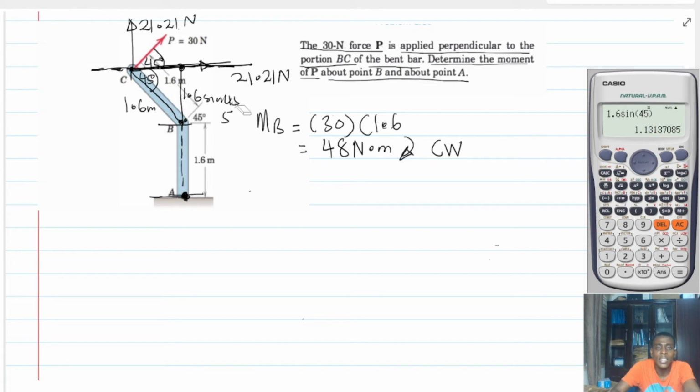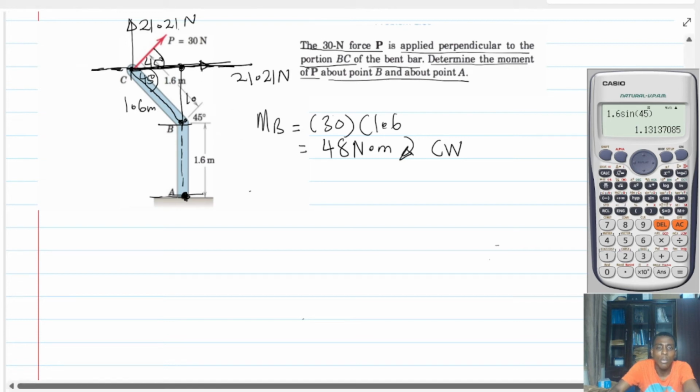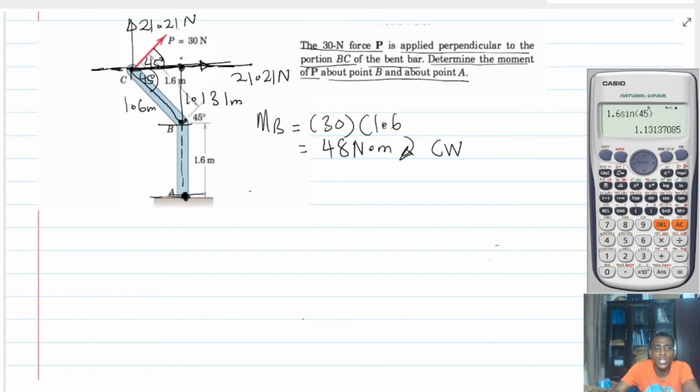So this distance here is 1.131 meters. In other words, okay, I think that is it. And so we've been able to do it for this guy.